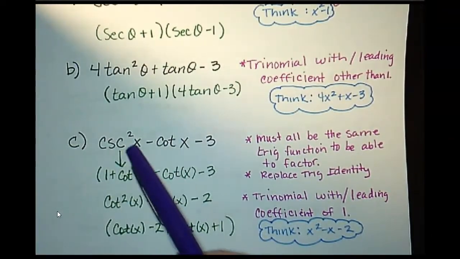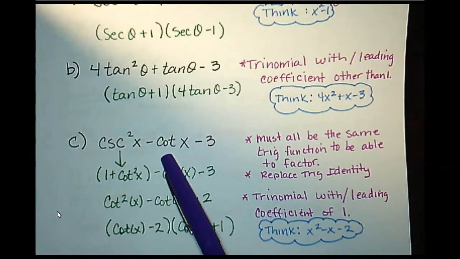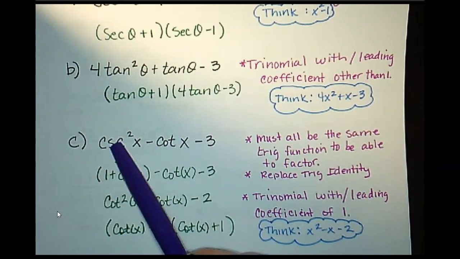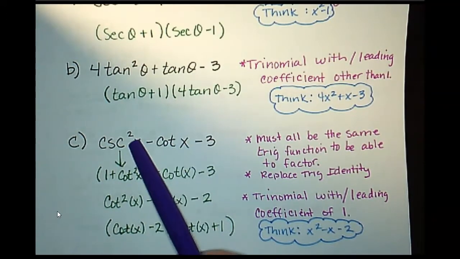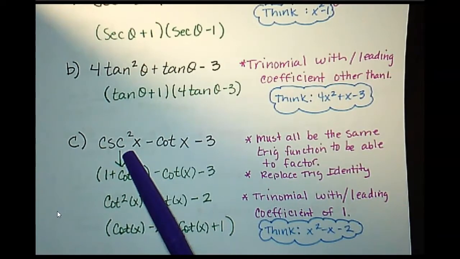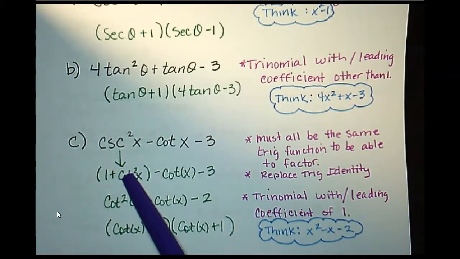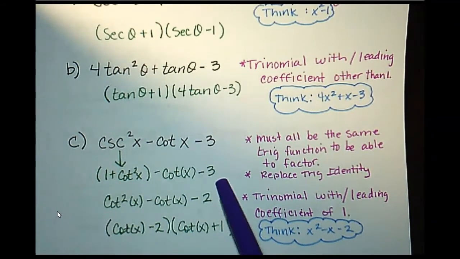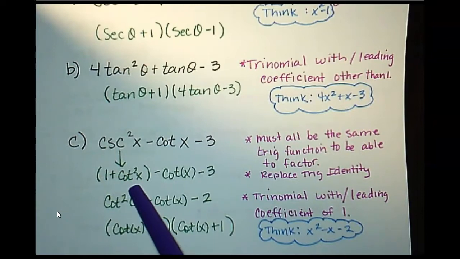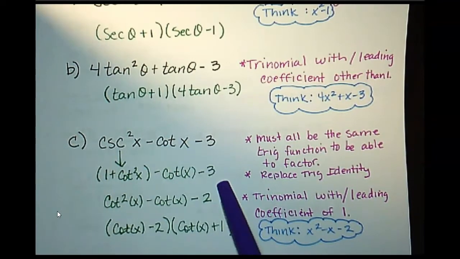On C, I have cosecant squared x minus cotan x minus 3. Notice these are not the same trig function, so I can't readily factor. I have to make them all the same trig function. And because this is a power of 2, I know that I'm working with a Pythagorean identity. So I'm going to replace cosecant squared x with 1 plus cotan squared x. Now everything's in the same unit. So I'm going to combine my like terms because that's 1 plus cotan squared x minus cotan x minus 3.